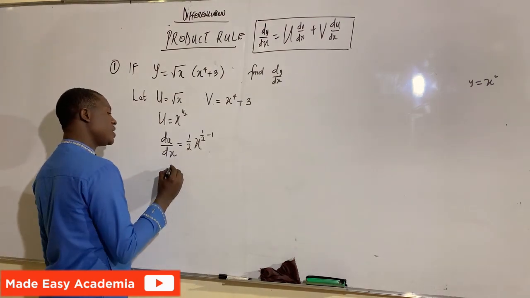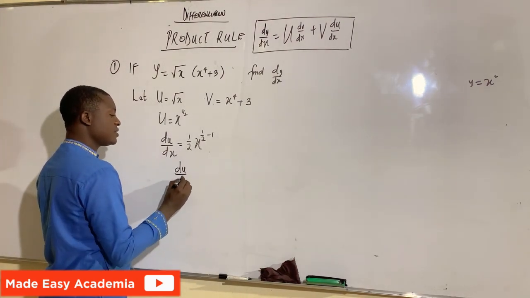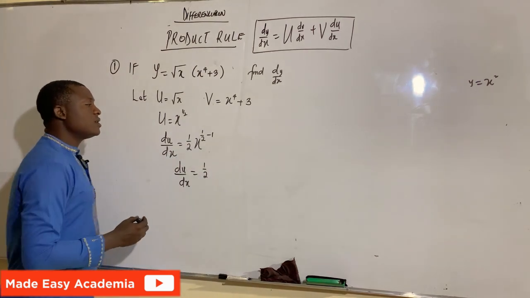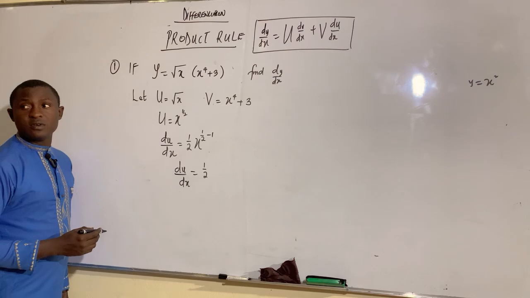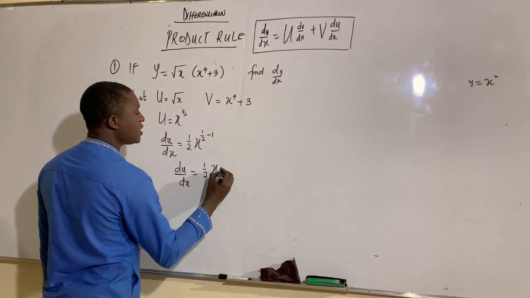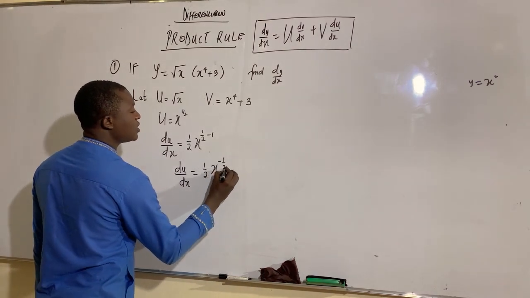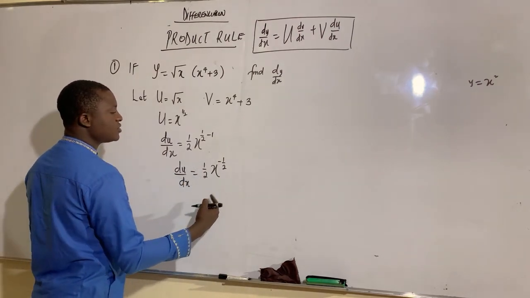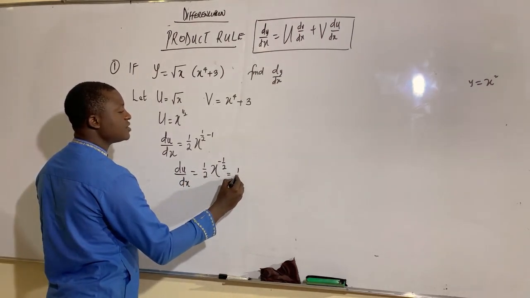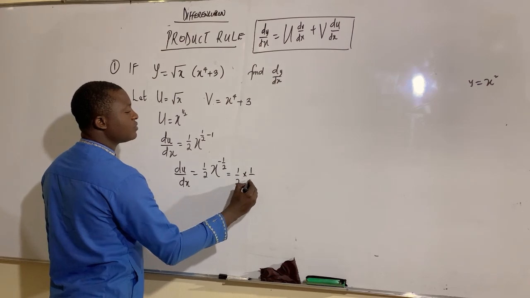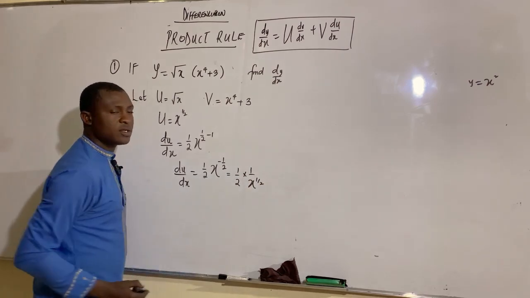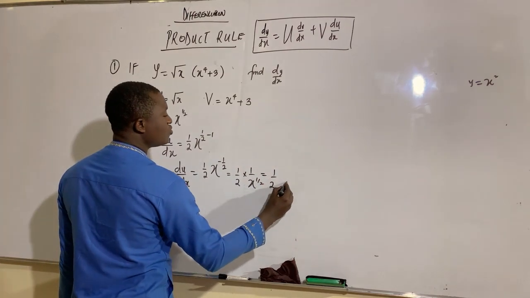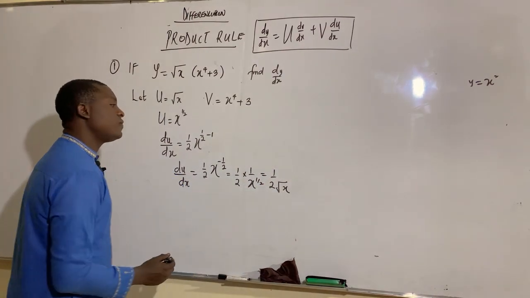So du/dx is x raised to the power of minus 1/2. Normally we can change this to a normal fraction using indices: 1/2 multiplied by 1 over x raised to the power of 1/2.